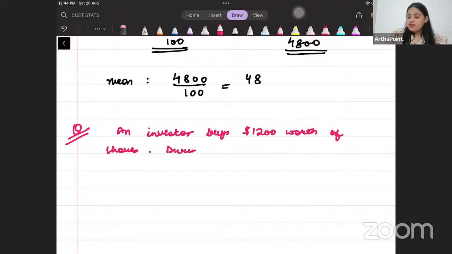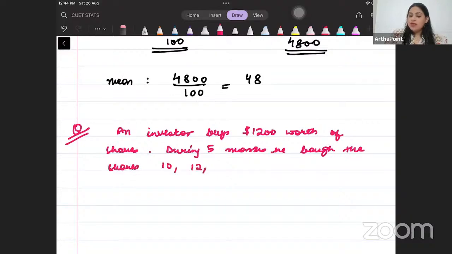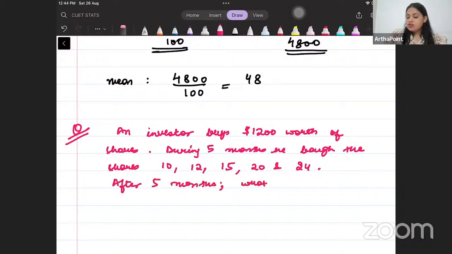And during the first 5 months, he bought the shares worth 10, 12, 15, 20, and 24. After 5 months, what is the average price paid for shares?